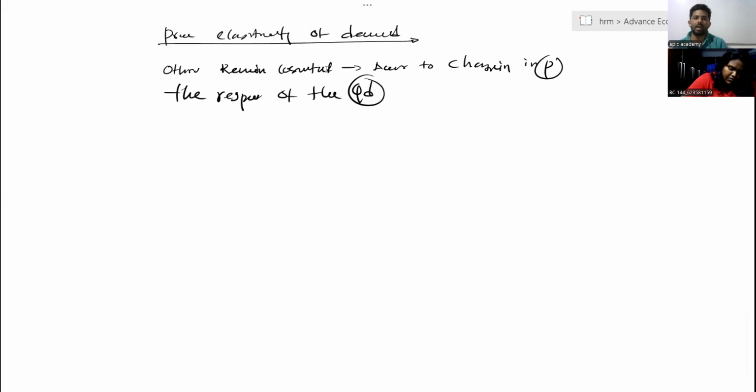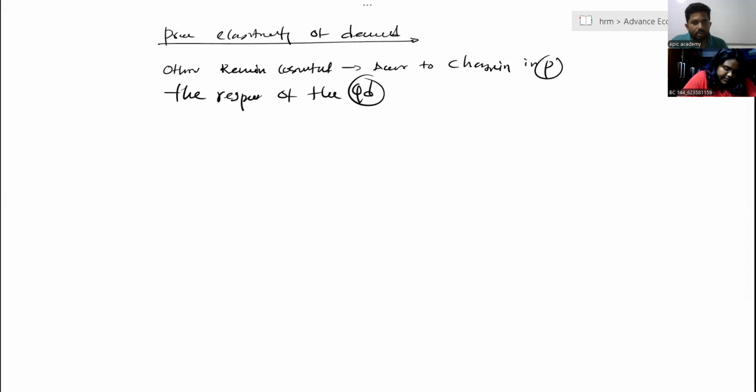According to change in price, the response of the quantity demanded. Right? This is the idea you have to concern about price elasticity of demand. Did you get the idea?